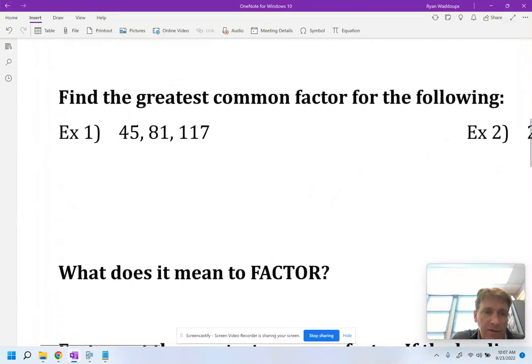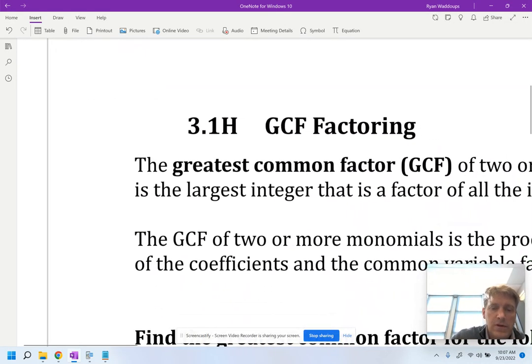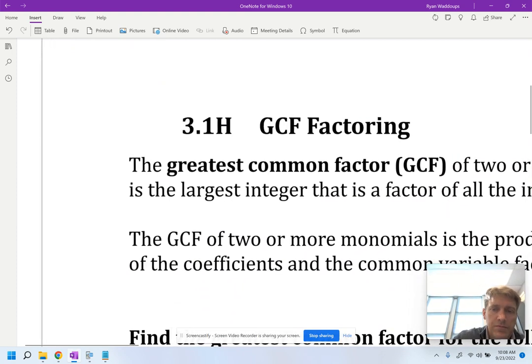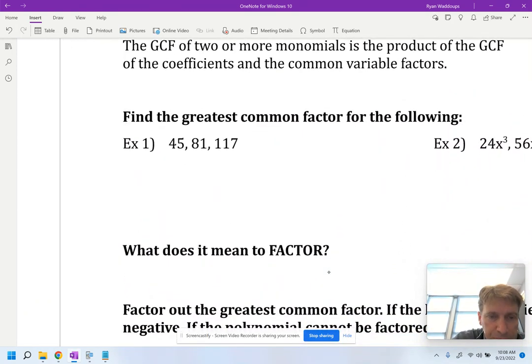If you have 3 numbers, same thing applies. So we go to 45. And 2 won't go into 45. 3 will. 3 goes into 45 15 times.